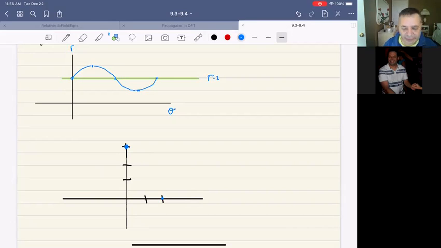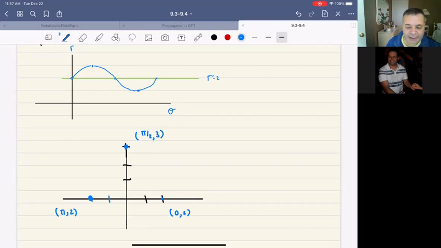Now, when theta equals pi, it's at 2 again, right? So where is that going to be? That's going to be over on this side. So this point here is 0, 2. This point here is pi over 2, 3. This point here is pi, 2 again.